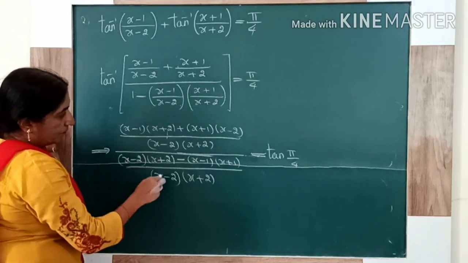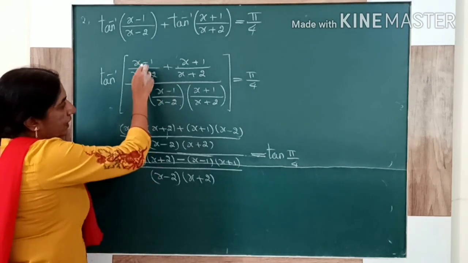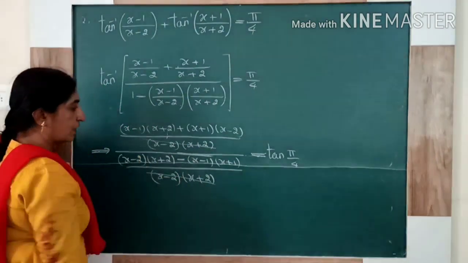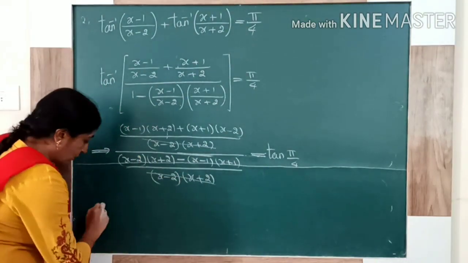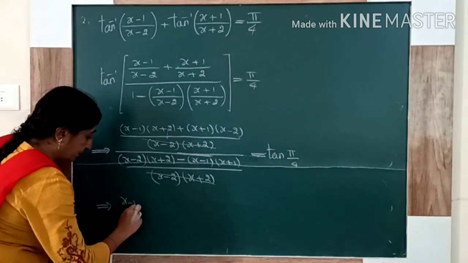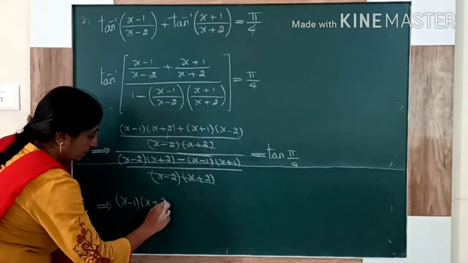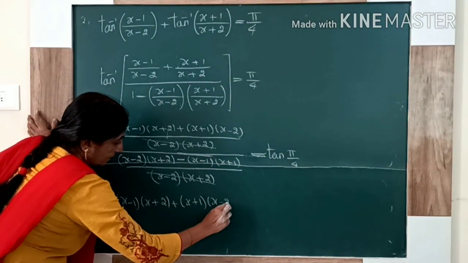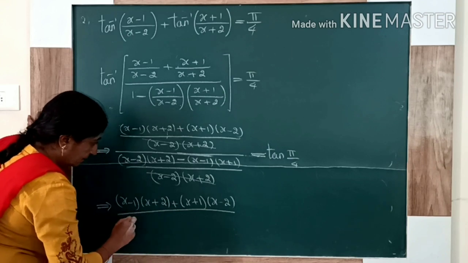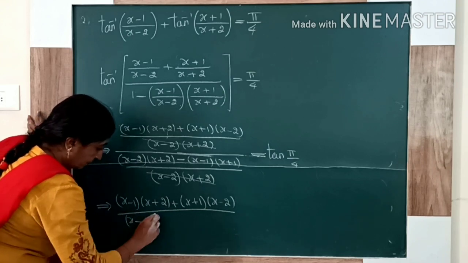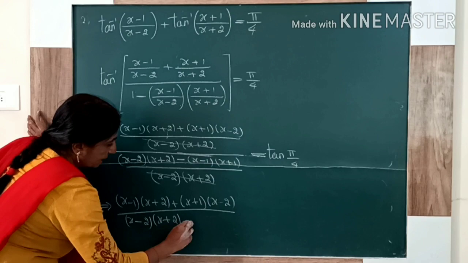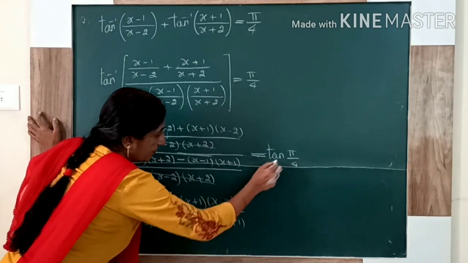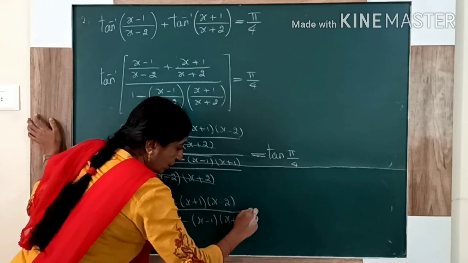Observe it correctly. I wrote this and put the LCM. The x minus 2 and x plus 2 cancel. At the same time see the RHS: pi by 4 is nothing but 45 degree. Tan 45 is 1.